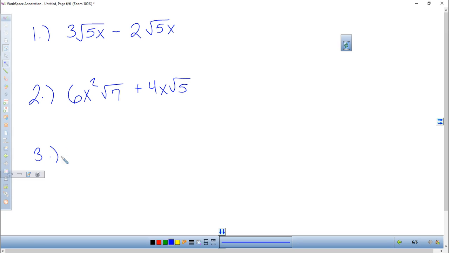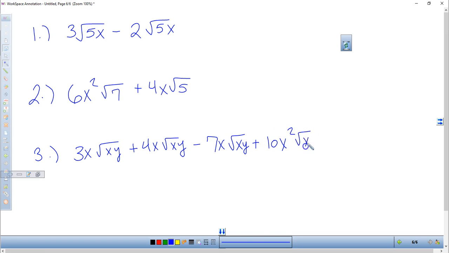Number 3, 3x root xy plus 4x root xy minus 7x root xy plus 10x squared root xy. And let's add one more just to make it fun, minus 3 root xy. Okay, that's a fun one.